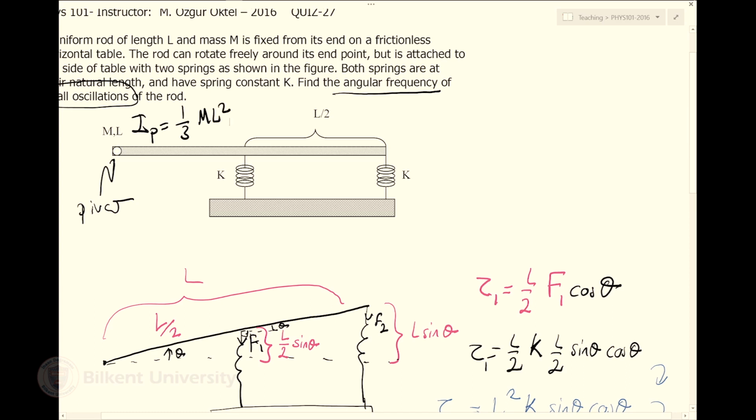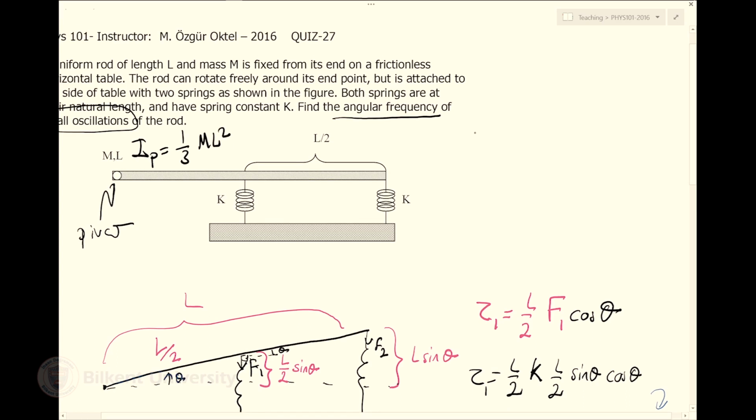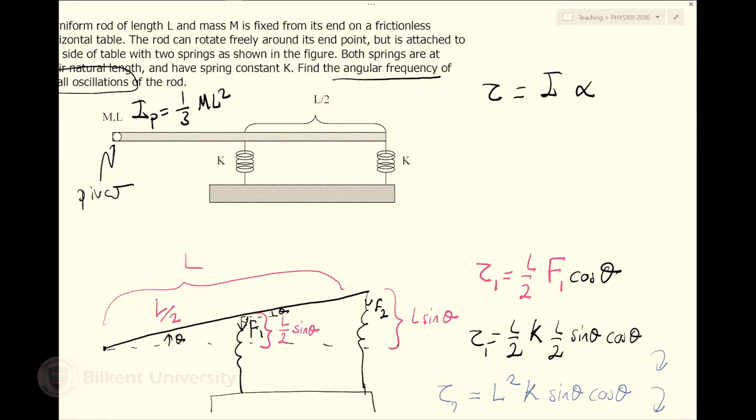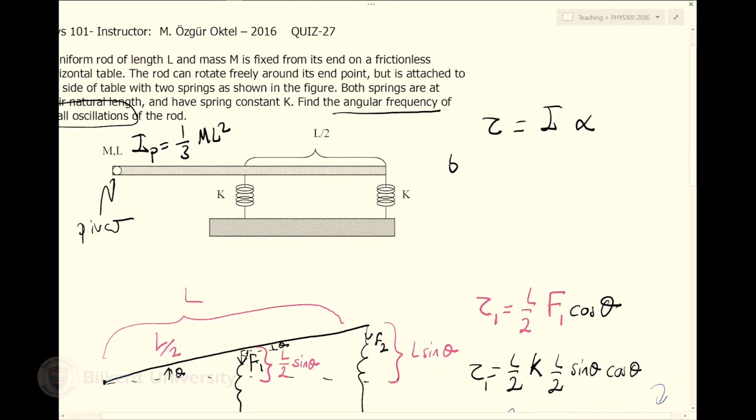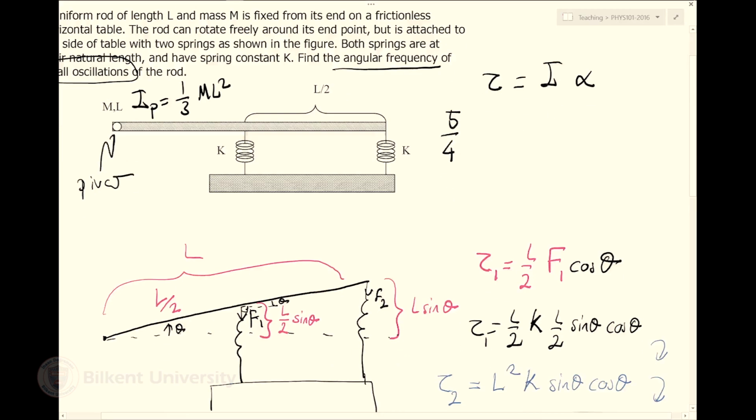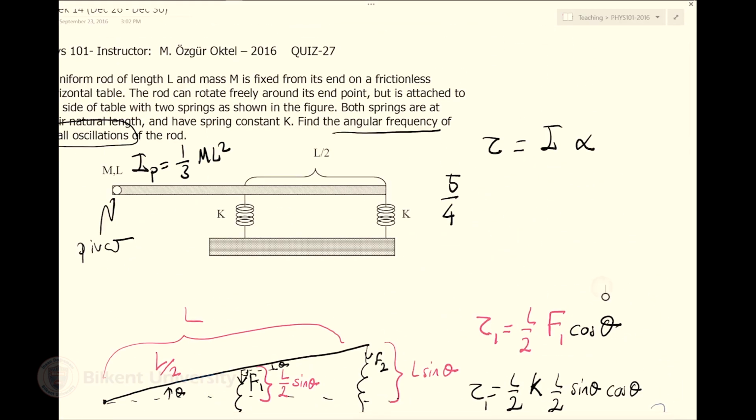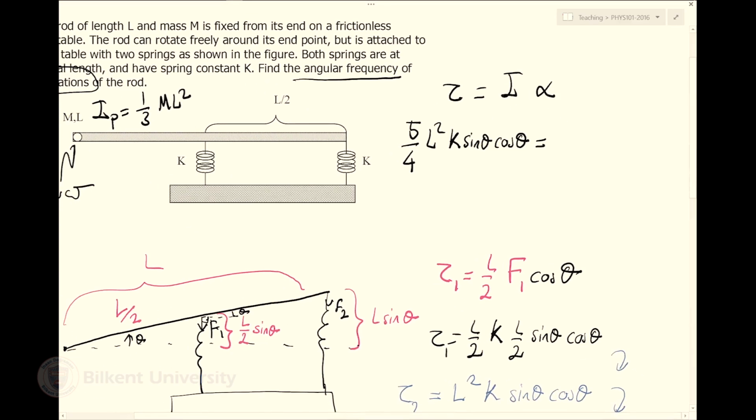So what's my equation? My equation is simple. Torque is equal to I times alpha. So the torque I have calculated, 5/4 L square K sine theta cosine theta, is 1/3 m L square d square theta dt square.